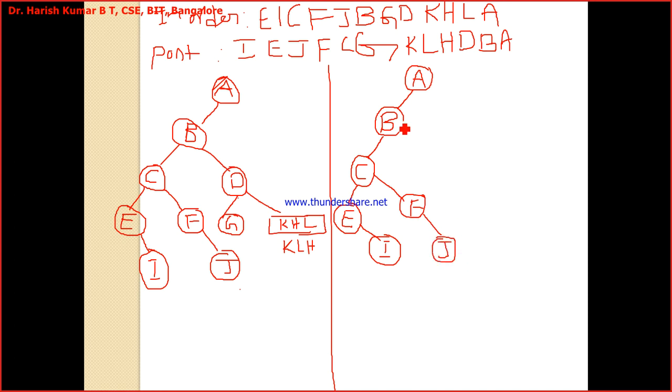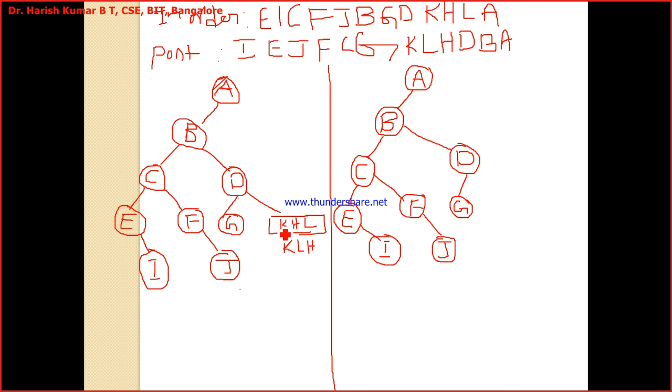Okay, and for B the right child is D. That is what we have found, and left child for D is G. So now by looking into the post order traversal, among K, H, and L, I have found that H is the right child of D. People understood?